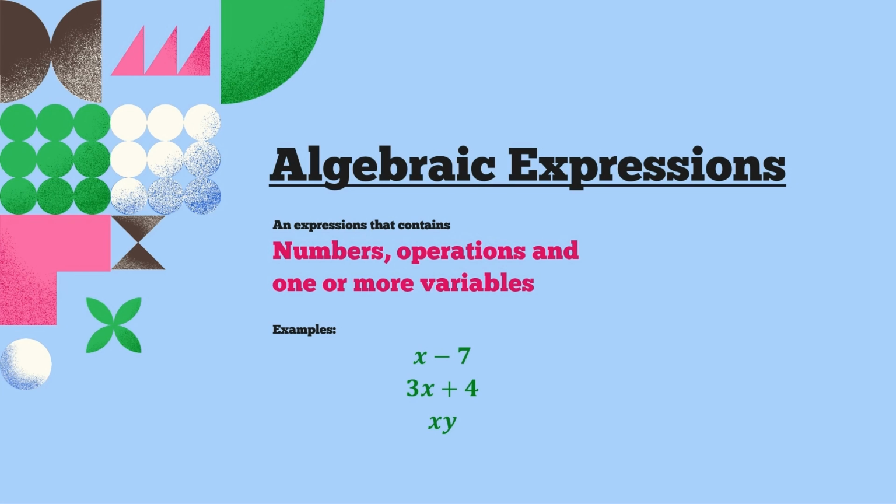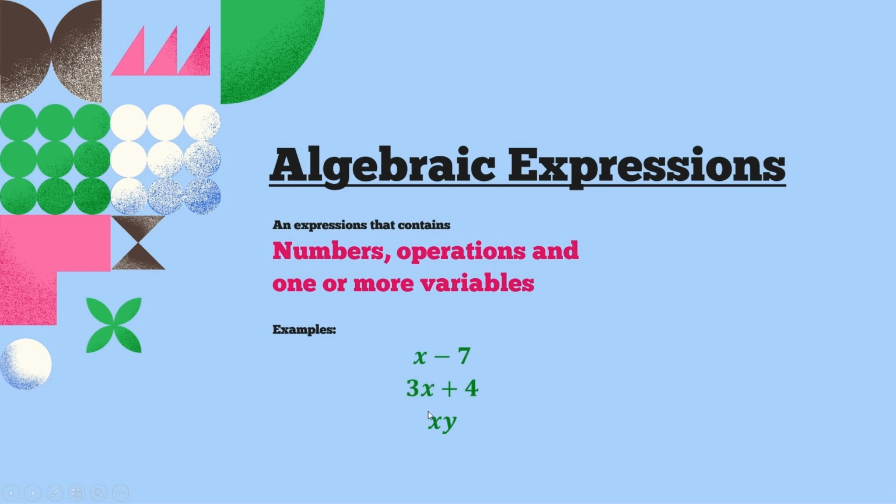If two variables are written beside each other, it means they are multiplied. So in 3x, it is basically 3 times x.